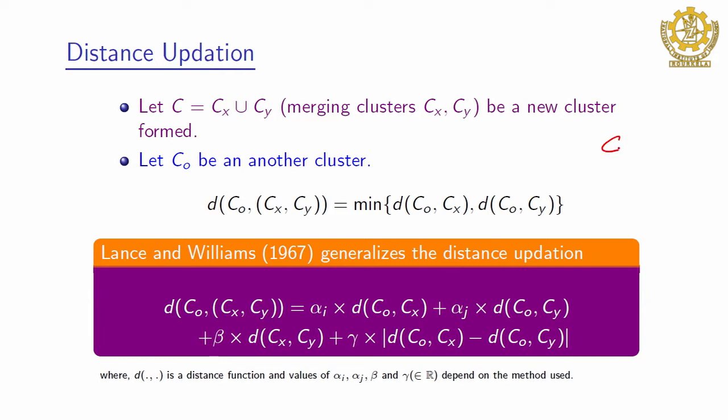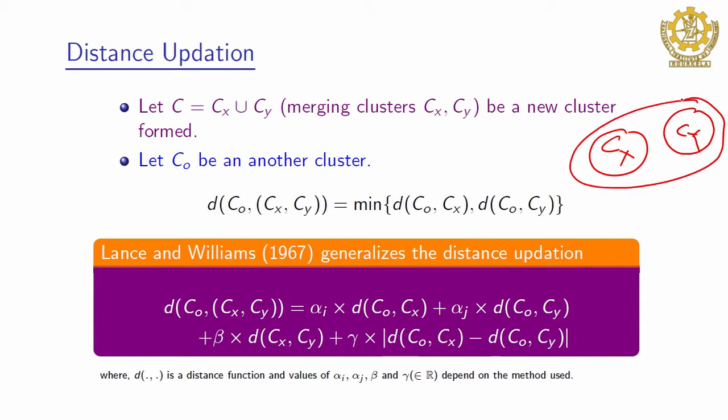So, what was the problem? You have the cluster C x and another cluster C y and you have to merge these 2 clusters, because they happen to be close to each other. Let us say there is another cluster, C 0. This cluster does not take part in any merging process, but you have to compute the distance from C 0 to the merged cluster.